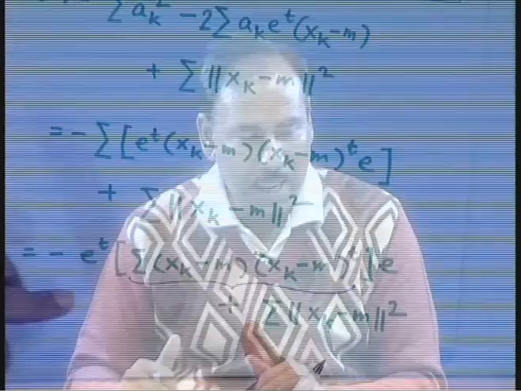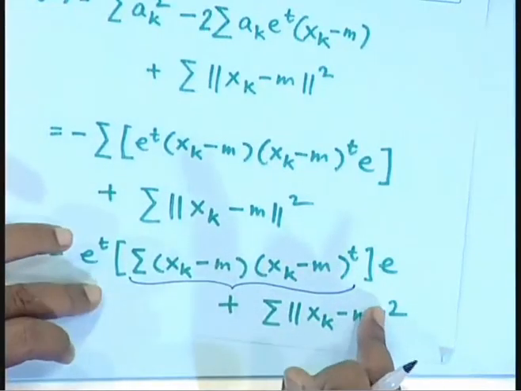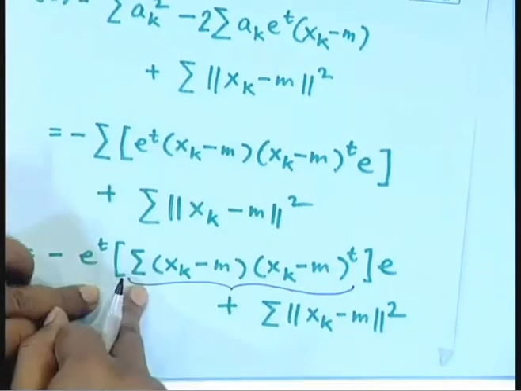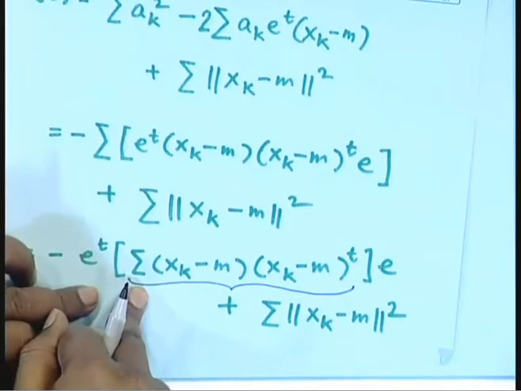The covariance matrix tells you shape as well as size. That means to what extent the data is distributed and whether the data distribution is oriented in some particular directions or not. That is what is captured by the covariance matrix. Okay. So, the same is the case for the scatter matrix. The scatter matrix gives you the same information, but with a scale factor of n. So, if I multiply the covariance matrix by the number of samples n, I get the scatter matrix, right.